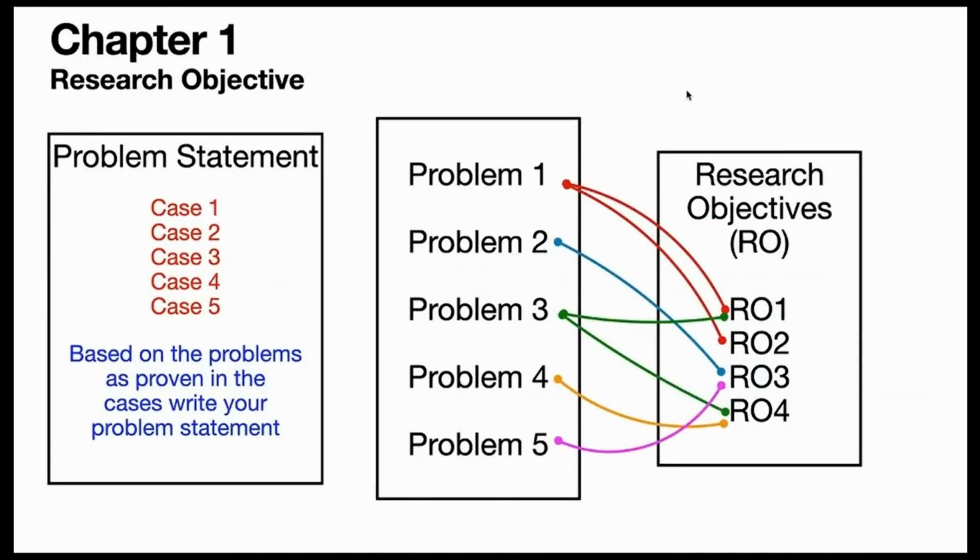Go to the next slide. Once you identify the problems, you identify the case, and then you write the problem statement. After the problem statement, you write your research objective. Your research objective should be related to the problems.